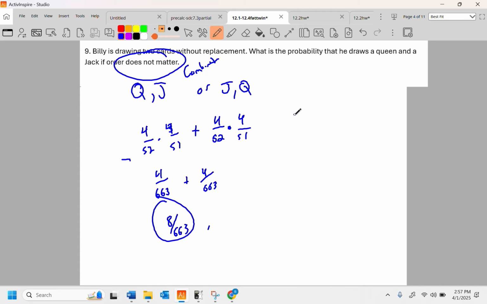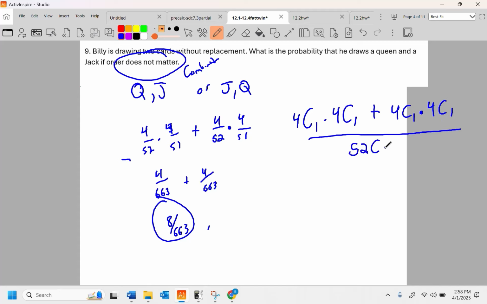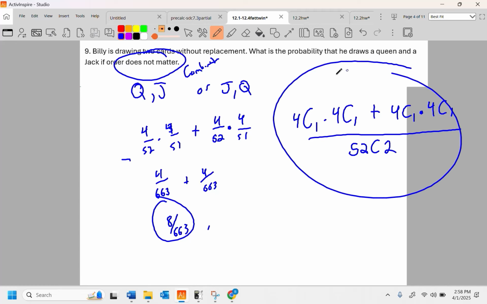But there's 4 queens in a deck, so 4 choose 1. There's 4 jacks in a deck, 4 choose 1. That handles the first situation, or which is add, 4 jacks in a deck, choose 1, times 4 queens in a deck, choose 1. And I'm picking 2 cards, so the bottom would be 52, choose 2. So again, that's one way of doing it. I don't like that technique.